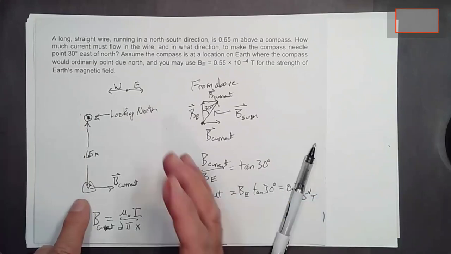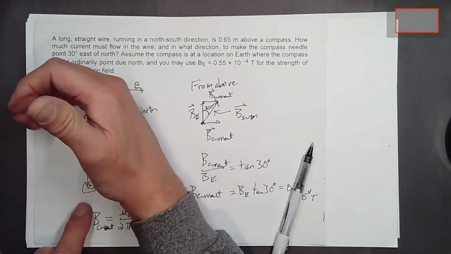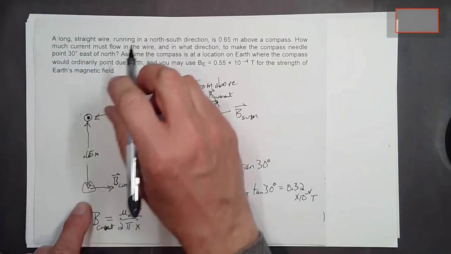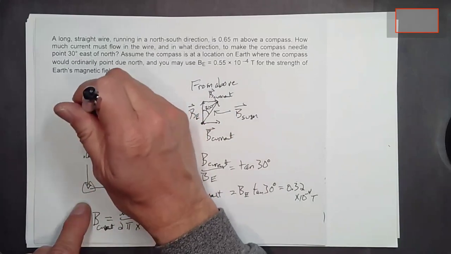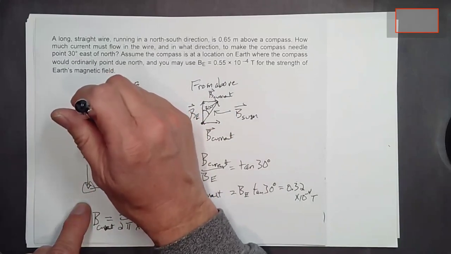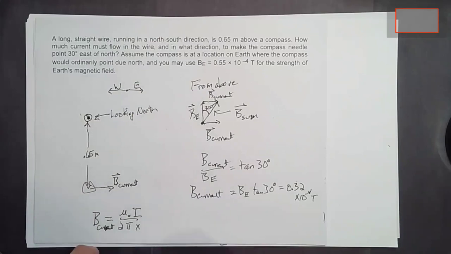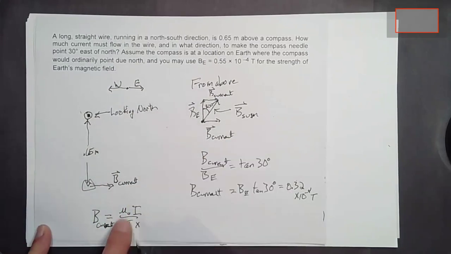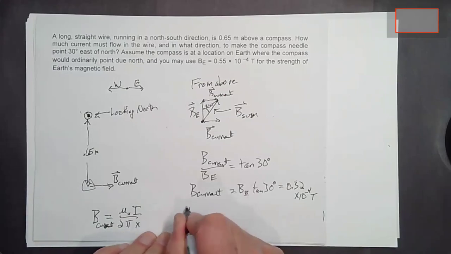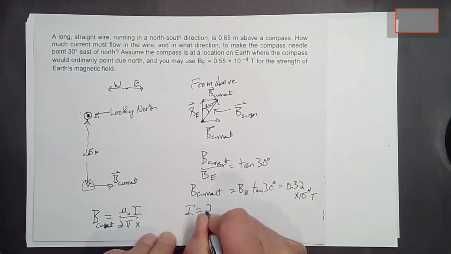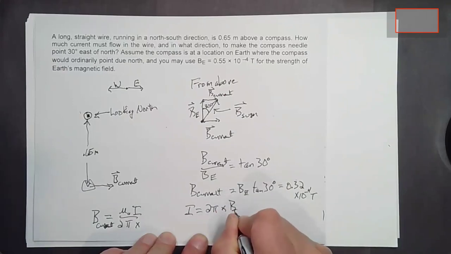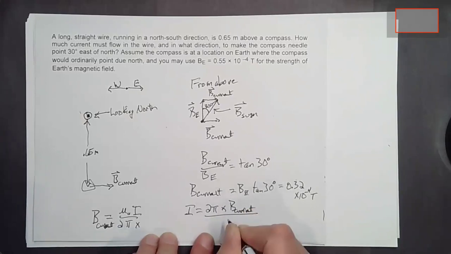I already figured out that the current has to be pointing south, because if we're looking north, it's a point coming at us. So current points south. I just need to know what I is. So I is going to equal 2 times pi times x times B current divided by mu naught.